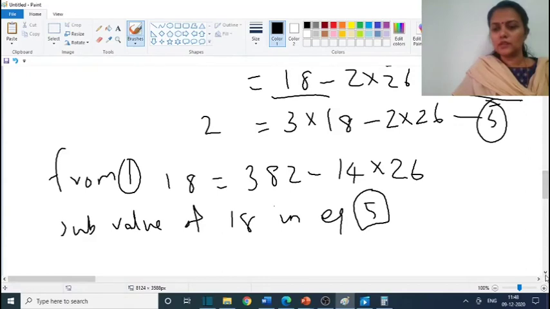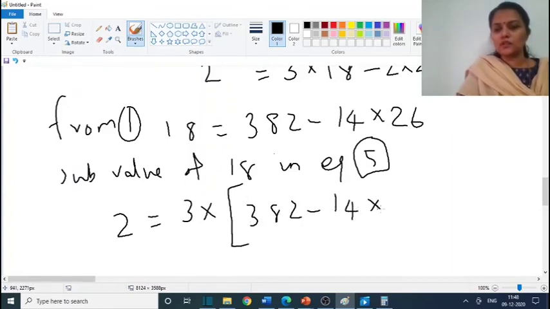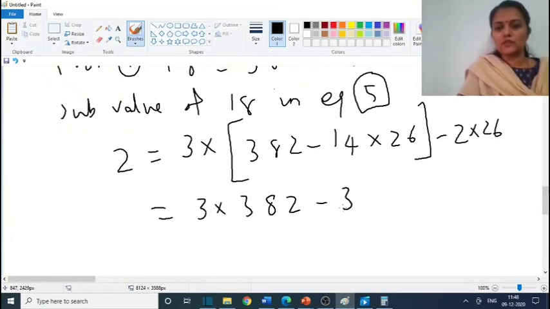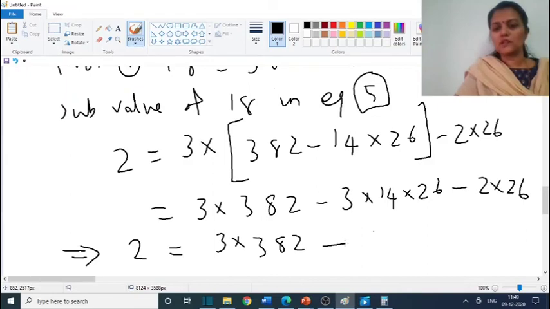We got 2 is equal to 3 into (382 minus 14 into 26) minus 2 into 26, which is equal to 3 into 382 minus 3 into 14 into 26 minus 2 into 26, which implies 2 is equal to 3 into 382 minus 42 into 26 minus 2 into 26, which is 44 into 26.